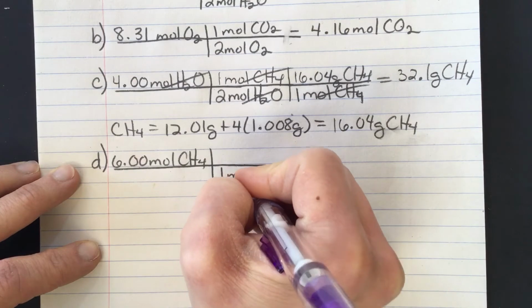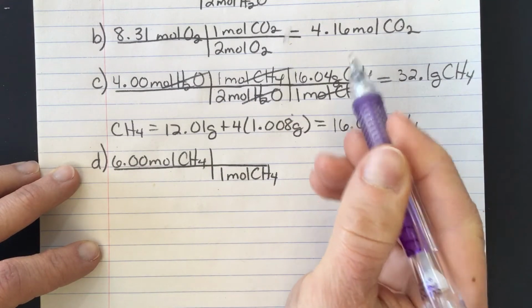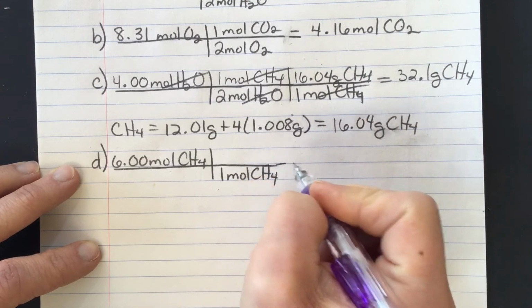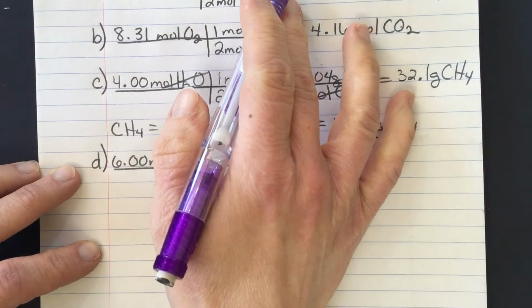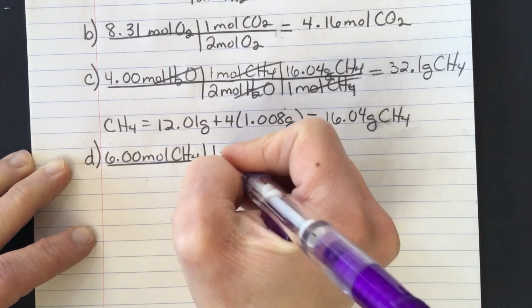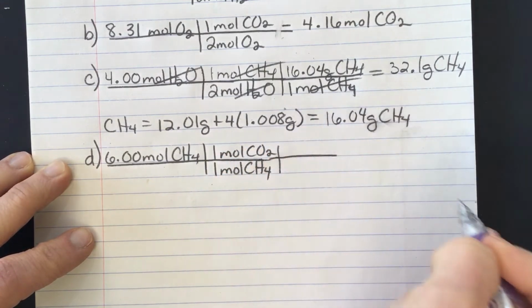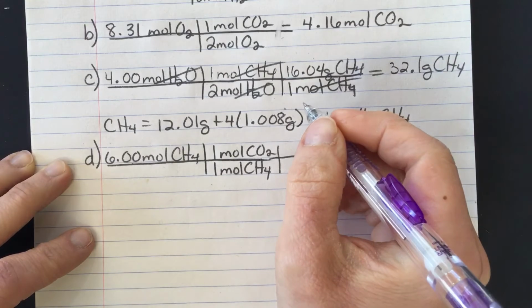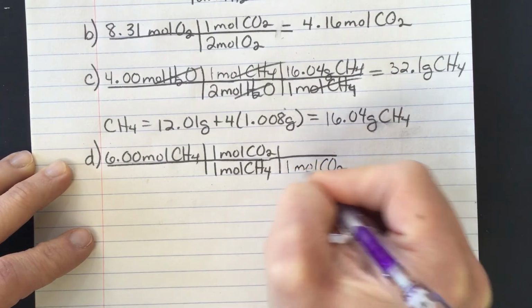I have 1 mole of CH4 from my equation. I am headed to carbon dioxide up here, so 1 and 1. 1 mole of carbon dioxide. And I'm headed to mass of carbon dioxide, so 1 mole of carbon dioxide.